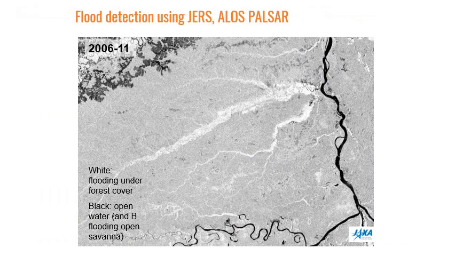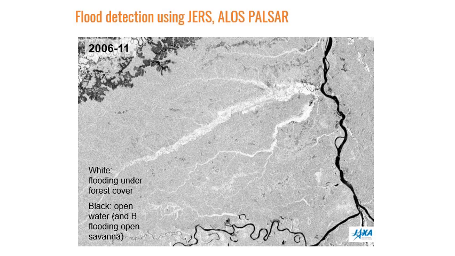And the other example, we can also detect the flood, but this one is more complicated because the flood is under the forest. With the optical images or the short wavelength of radar, the signal goes to the forest, it cannot go through the canopy down to the surface.